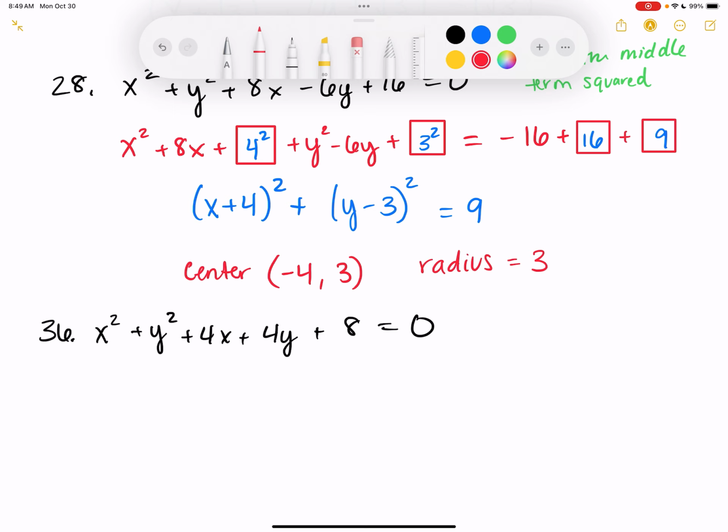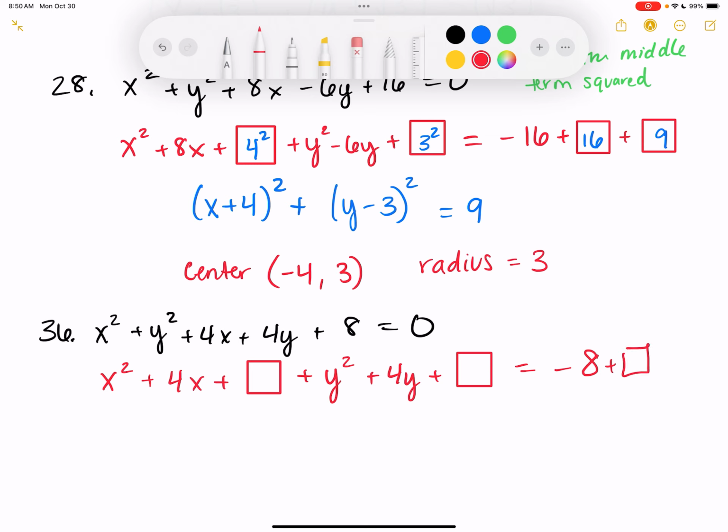So I'm going to have x squared plus 4x plus a box plus y squared plus 4y plus a box is equal to -8 plus a box plus a box.